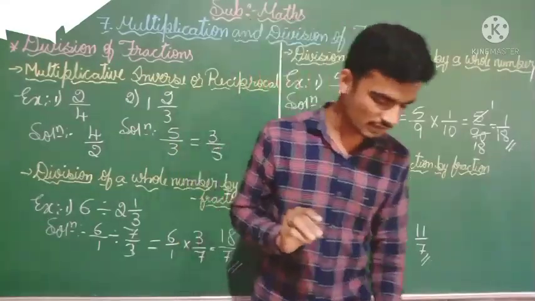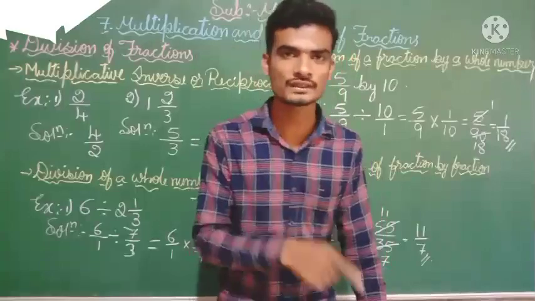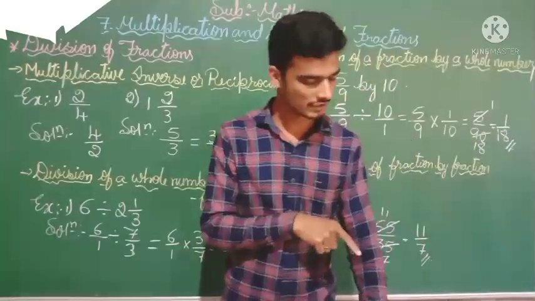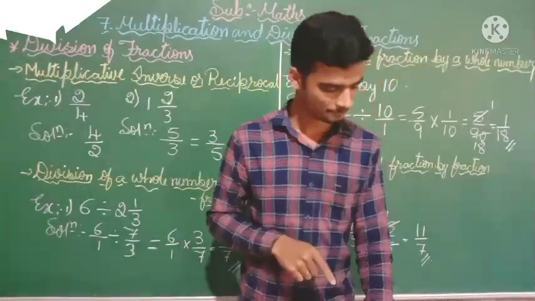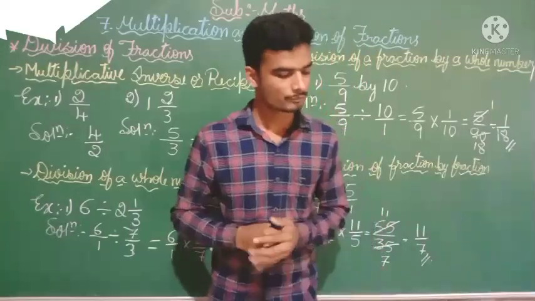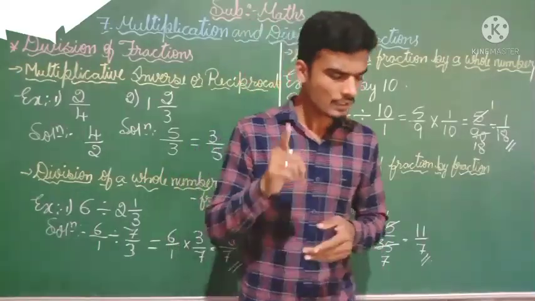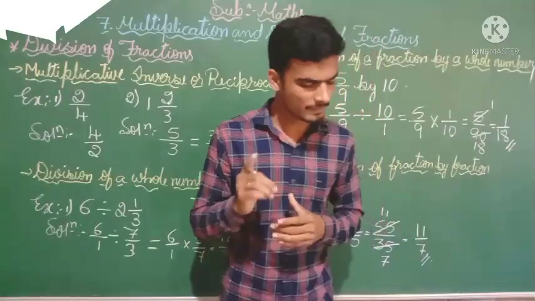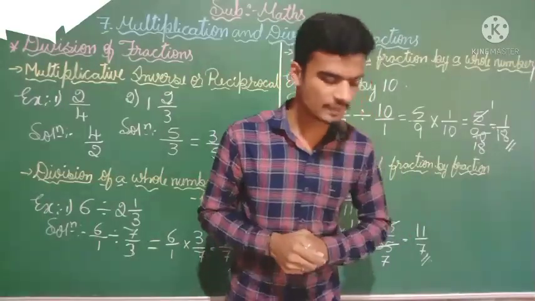In your textbook they have given this, I hope all of you are observing the textbook, page number 168. Then the third property they have given: when 0 is divided by a fraction, the quotient is 0 itself.